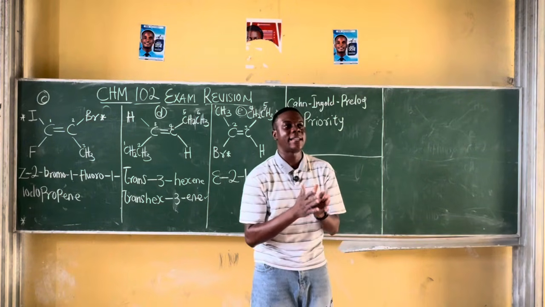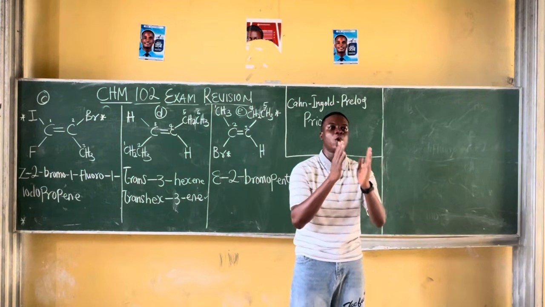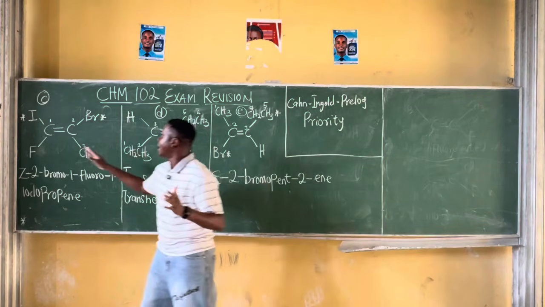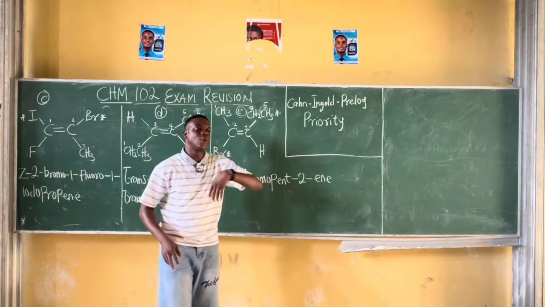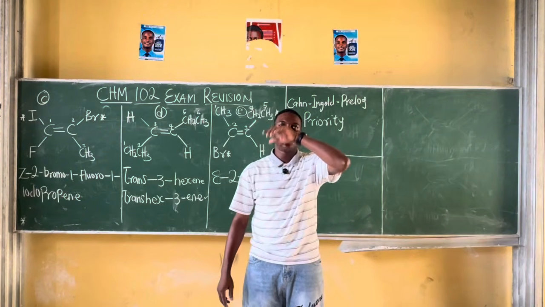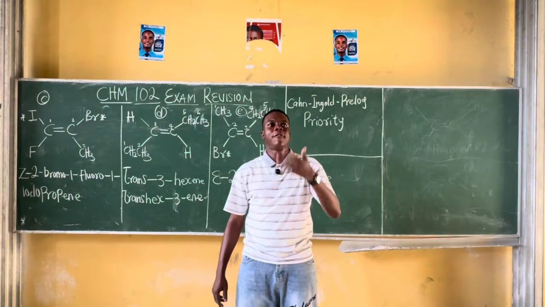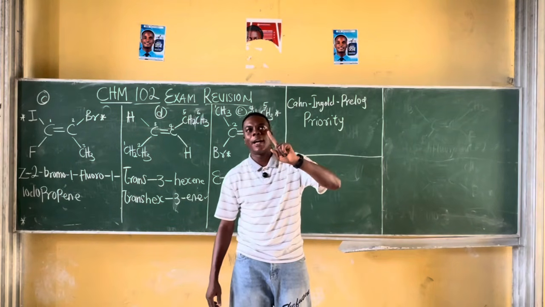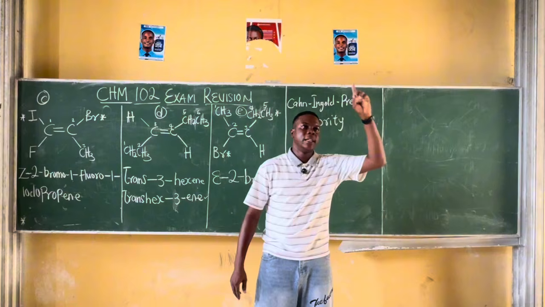So you now start assigning priorities. When you see it, the first thing is to consider the first carbon on the left, which is sharing the double bond, like what you did here. This is the carbon on the left. You look at the two groups attached to it. Let's say you have iodine and methyl attached to the carbon on the left. You give the higher priority to what? To the iodine.